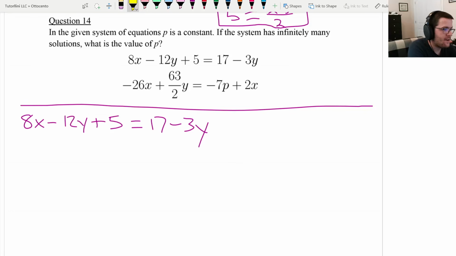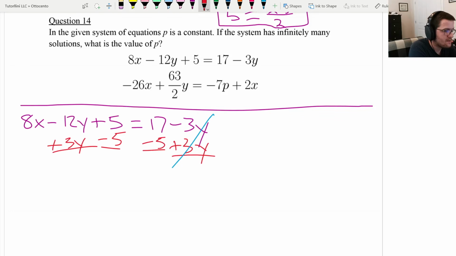So we're going to add 3y to both sides. That guy goes away. And then we're going to subtract 5 from both sides. That guy goes away. And we get 8x minus 9y equals 12.